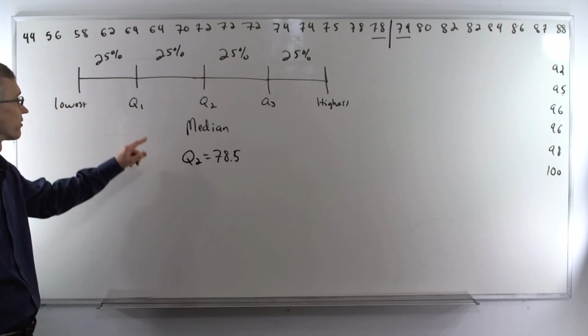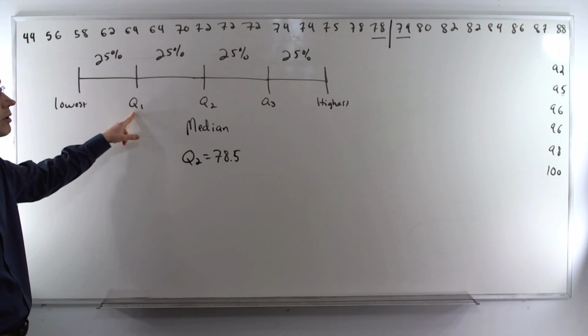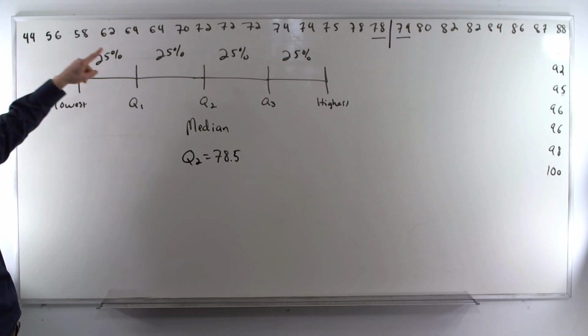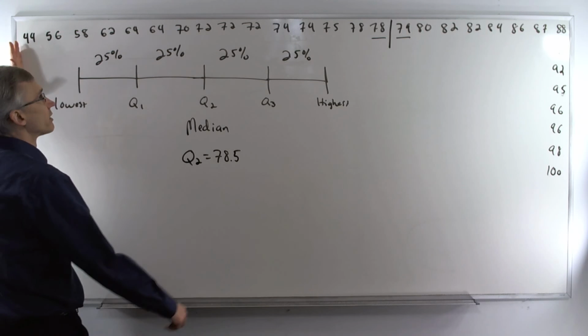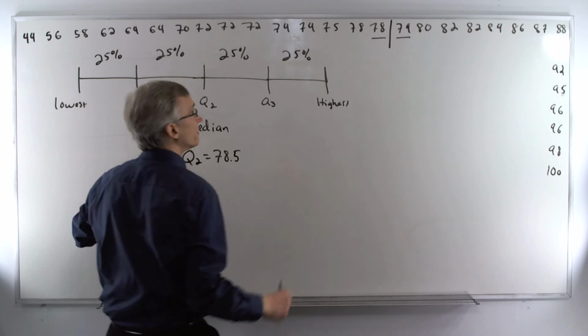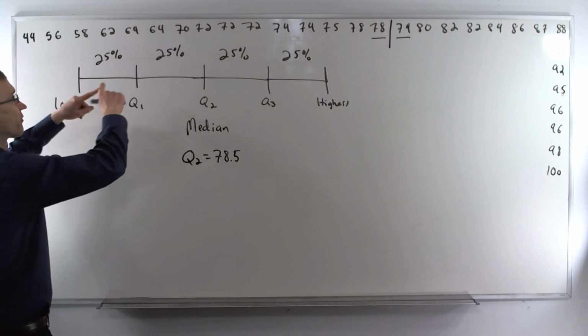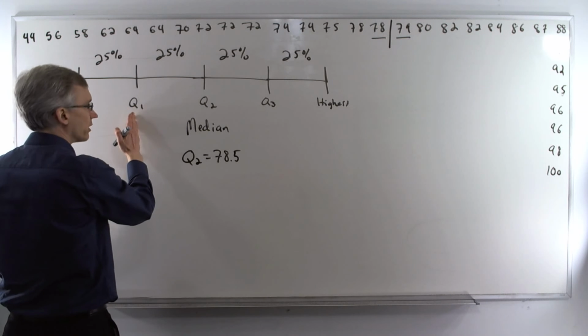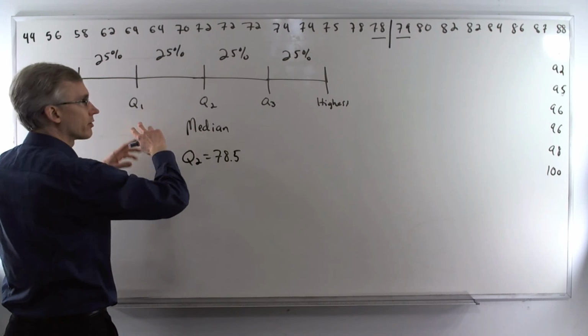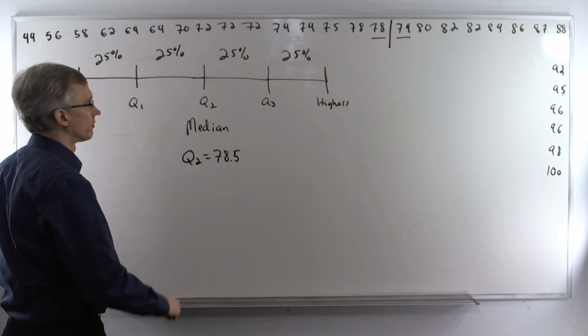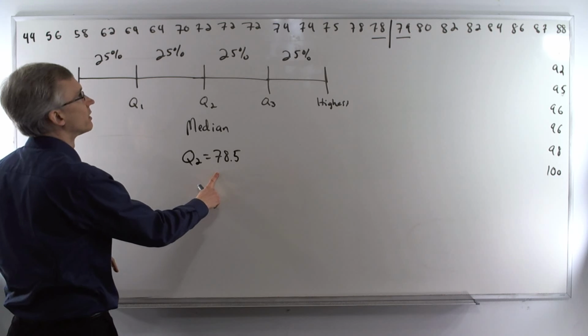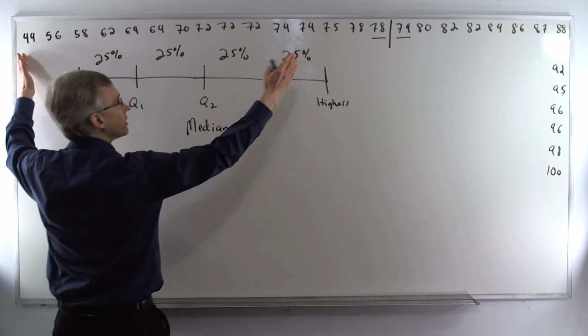So now what we're going to do to find Q1 is to do what we just did, except just for the first half. So now we're going to look at from here to here, from 44 to 78. Now let's find the middle value. We're going to find the median of the first half, and that's Q1. So it's not the median of the whole data set. Median of the whole data set we already found. Now we're going to find the middle of this one.